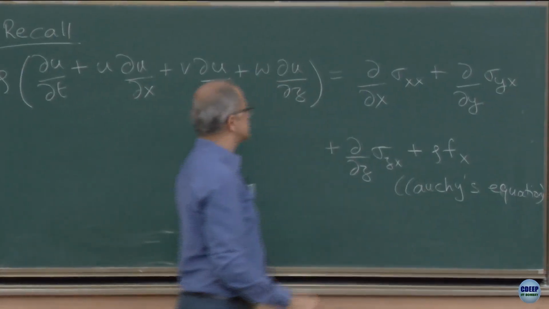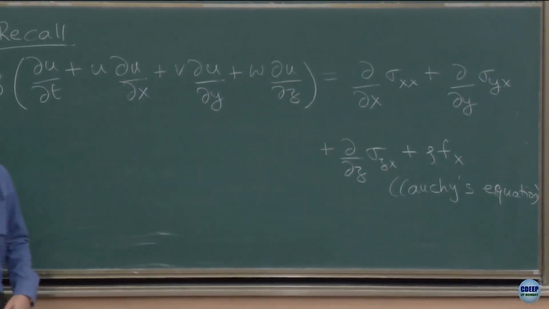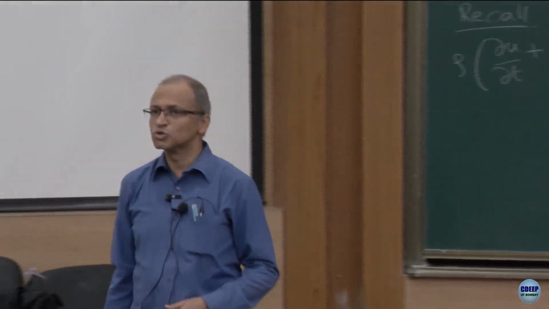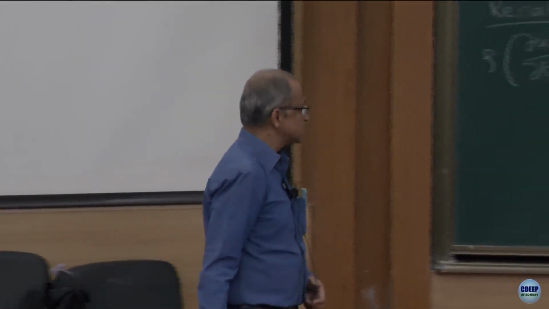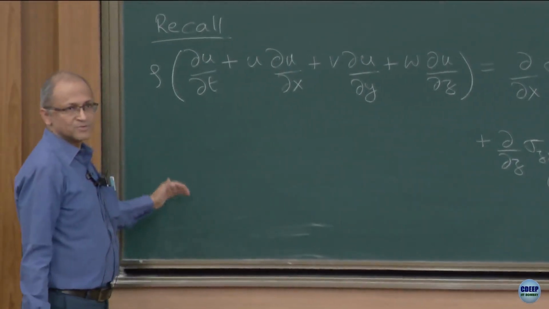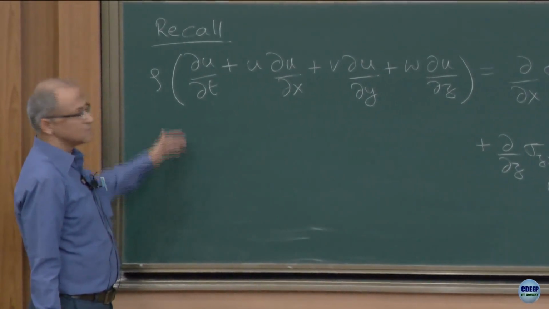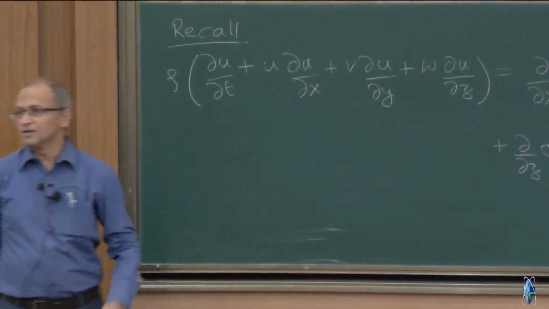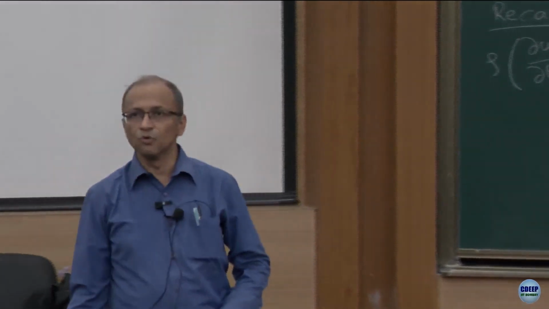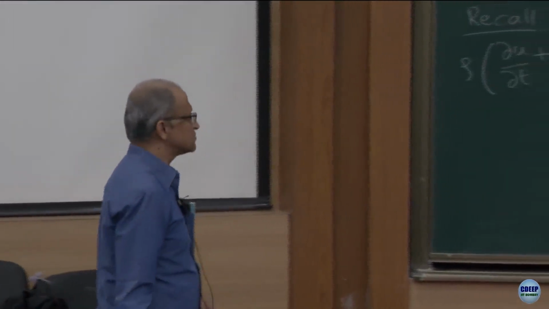We said that this equation, with all the stresses appearing as unknowns, has too many unknowns. Similar to the x momentum equation, we have the y momentum equation, the z momentum equation, and the conservation of mass. And we saw the number of variables is far more than the number of equations that we have.